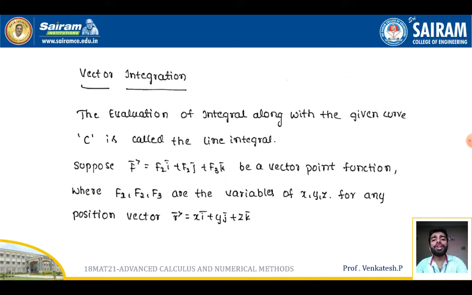The evaluation of an integral along with the given curve C is called the line integral. Suppose f is given like f1 of i cap plus f2 of j cap plus f3 of k cap, a vector point function where f1, f2, f3 are functions of x, y, z.